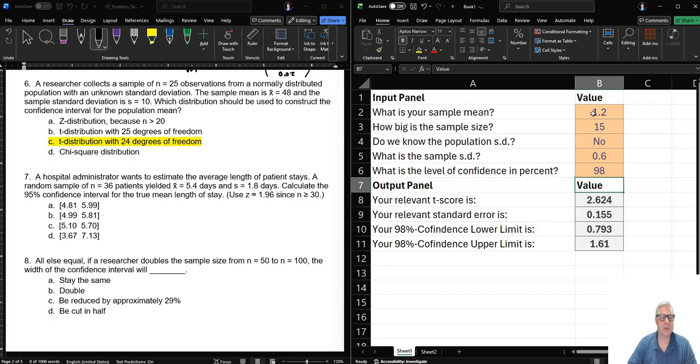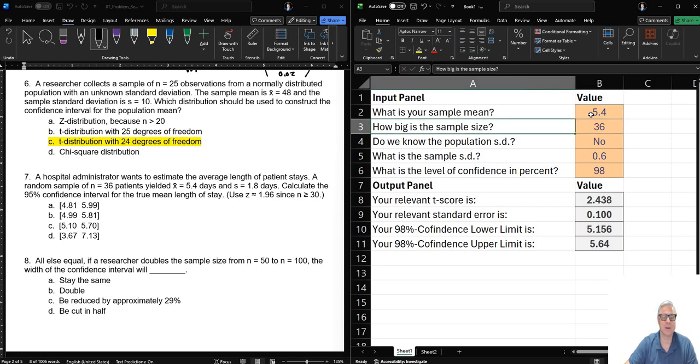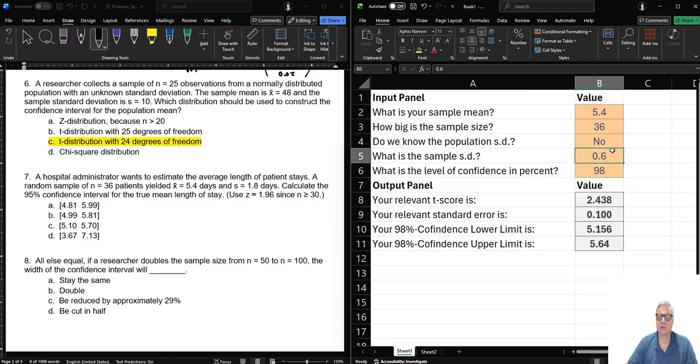Okay, so we have an n of 36 and a sample mean of 5.4. So let's enter that, 5.4. How big is the sample size? 36. We do not know the population standard deviation, so that stays a no. The sample standard deviation is 1.8.